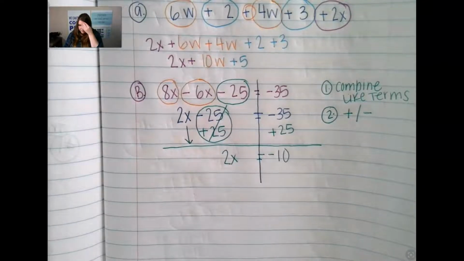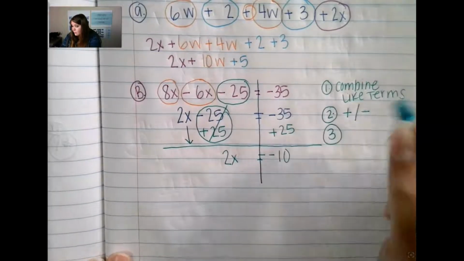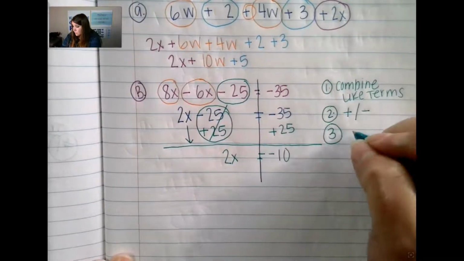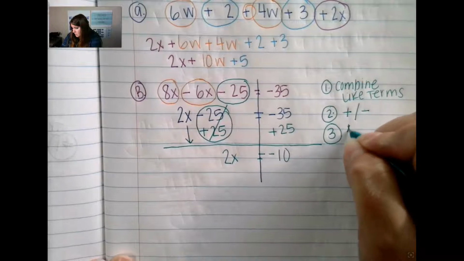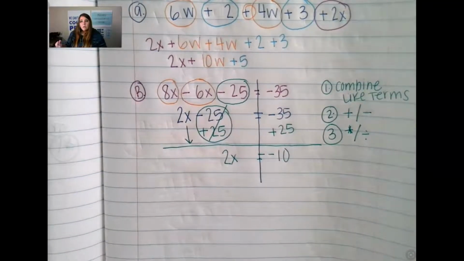All right, our next step now is to do step 3, which is, again, the opposite of what's here. So the opposite of multiplication is going to be division. So we're looking for one or the other, just like we did yesterday.